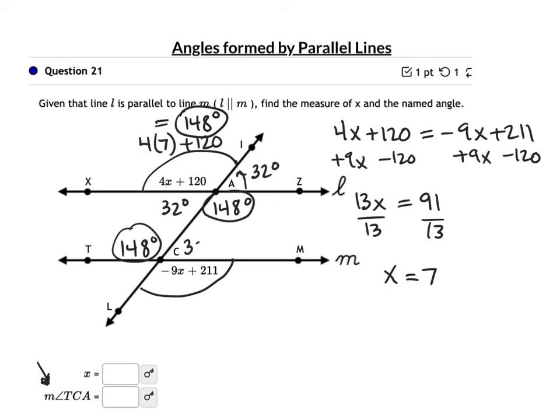So this one, in fact, is 32 degrees. These are vertical angles. That's 32, and that's 148. So x was 7. Angle TCA, let's change colors, TCA is 148 degrees.